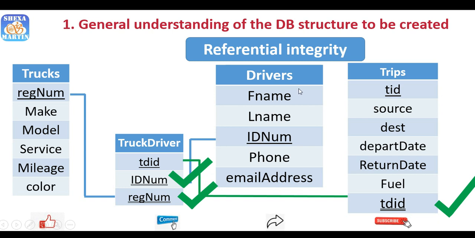After that, you come here and delete the driver's record with the wrong ID number. After deleting that, you then update the correct driver's record, so that you put the actual correct values for phone and email address.